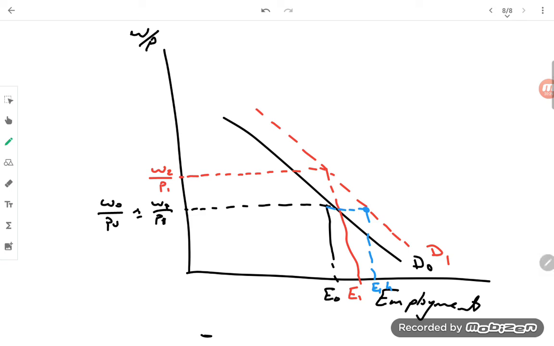So there is a loss in employment due to the application of the minimum wage rate or increasing the minimum wage rate, which is equivalent to the difference between E1H and E1. So this is the loss in employment due to increasing minimum wage rate from W1 to W2.